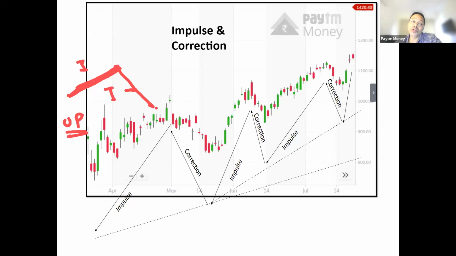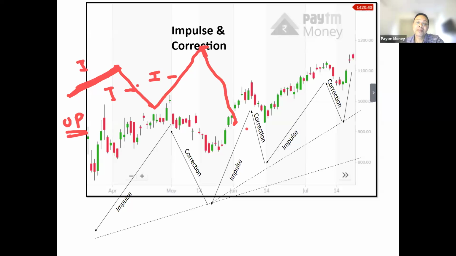Correct? So now, if this is an impulse move, the next move should be a corrective move, smaller than this impulse move. But the next move turned out to be even bigger than the previous impulse move. So it means this has turned out to be the corrective move and this has become an impulse move. If this is an impulse move, the next move should be corrective, smaller than this move, but it turned out to be even bigger.